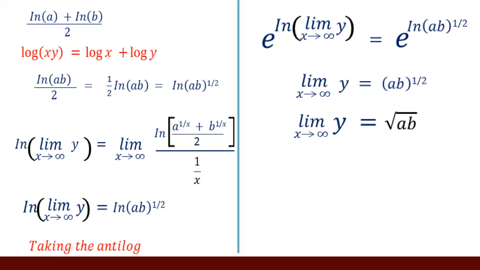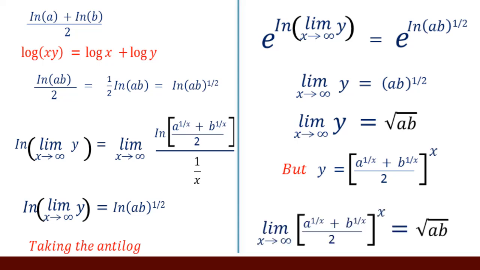But remember, when we started, immediately we said solution, let y equal to something. We said let y equal to a raised to the power of 1 over x plus b raised to the power of 1 over x all over 2 all in bracket raised to the power of x. And here we have limit as x approaches infinity y. So that value, we place it back now. The value for y, we bring it back.